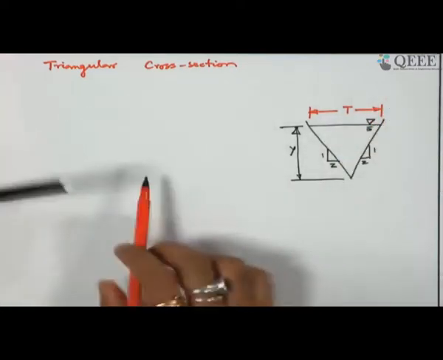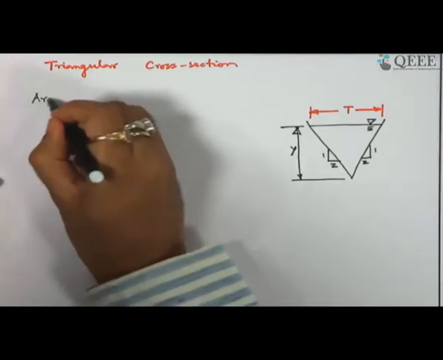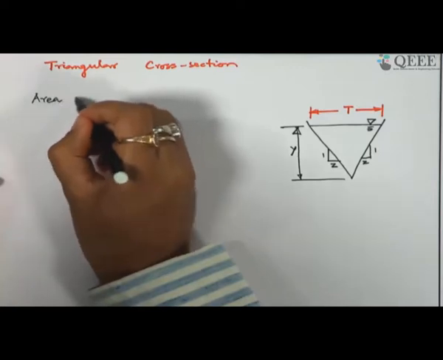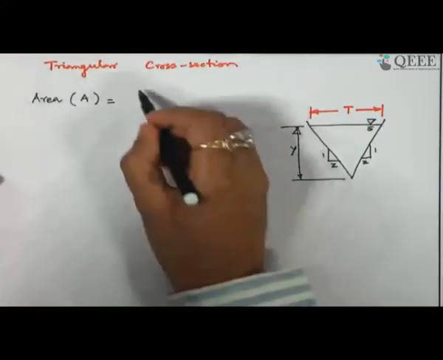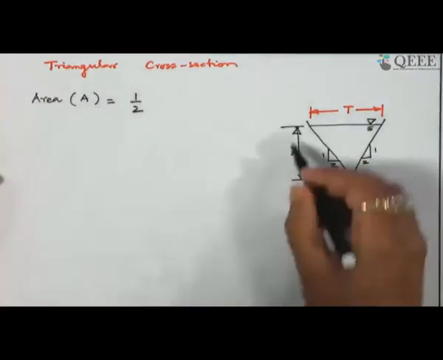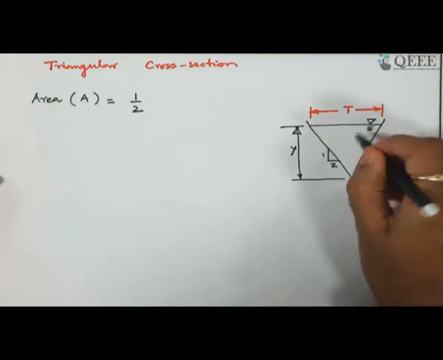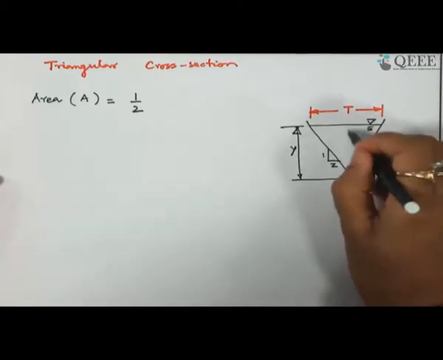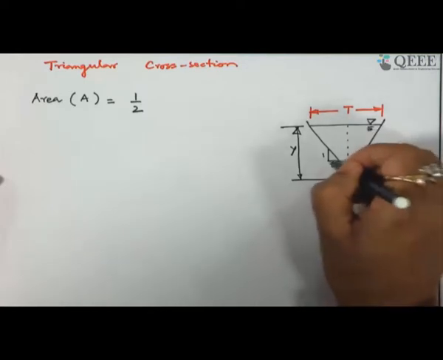So, in this case we can write the area A as half, this is the base. So, base will be y into z, this is z.